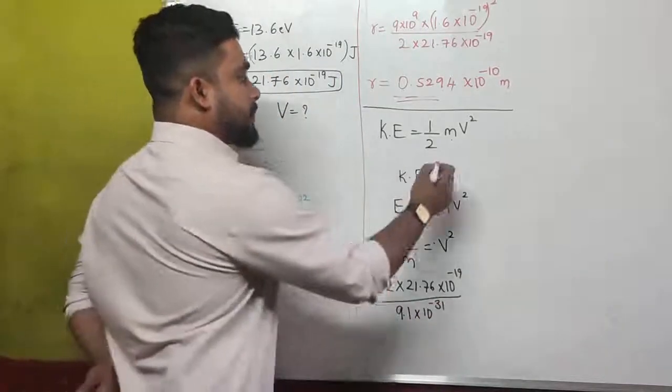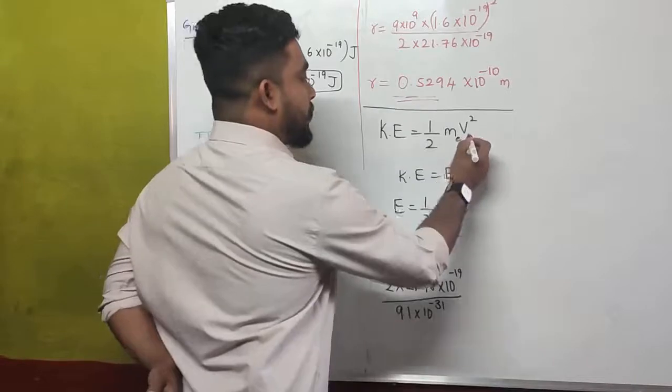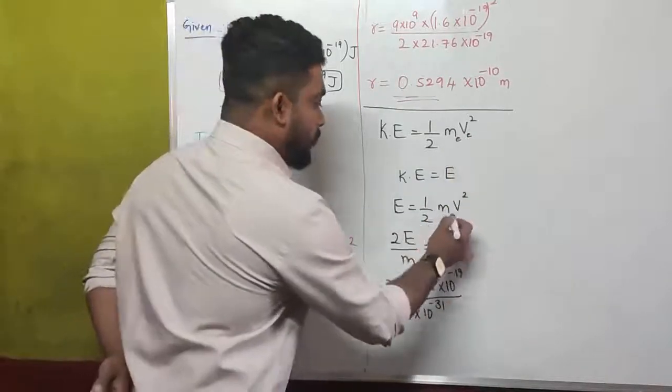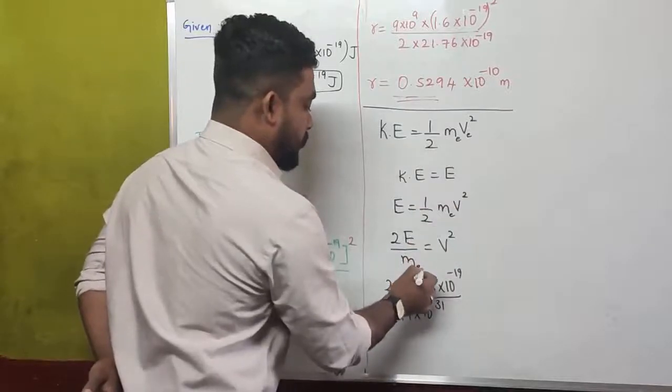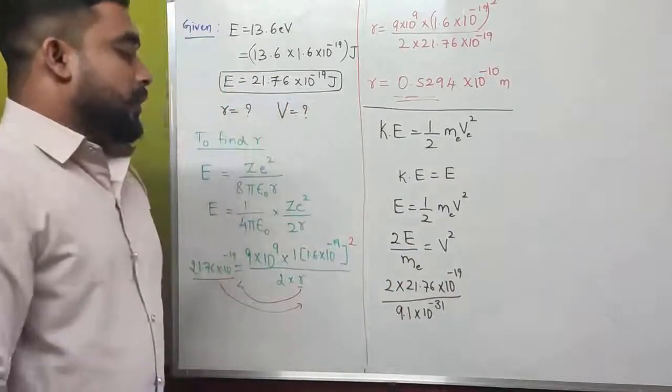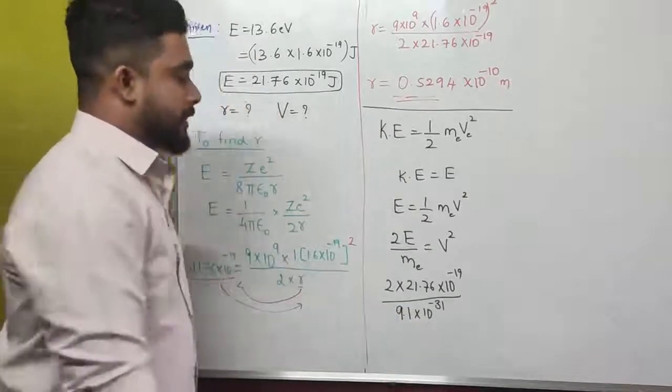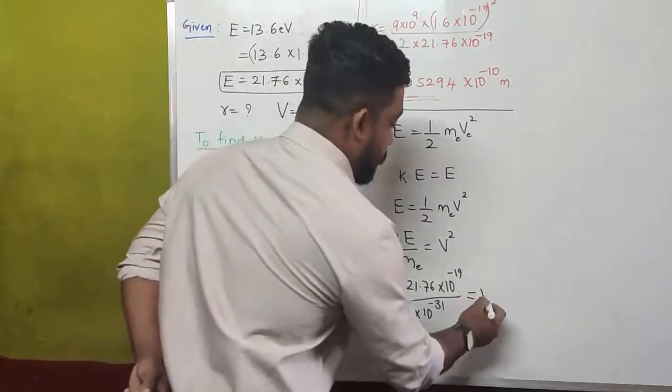Here m means me, the mass of the electron. This is the velocity of the electron. So 9.1 × 10^-31 kg in the denominator, equal to v square.